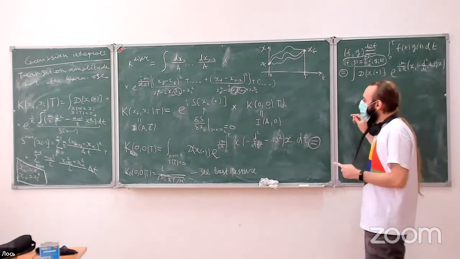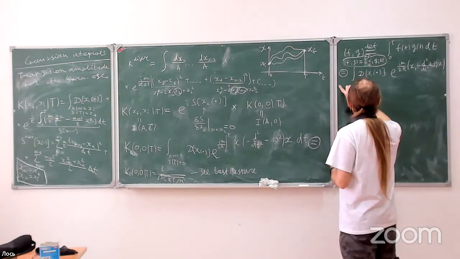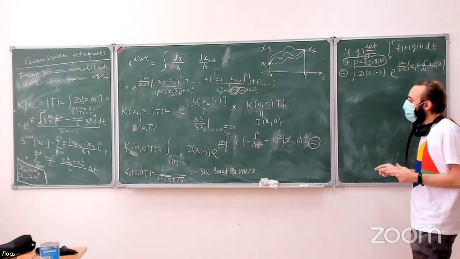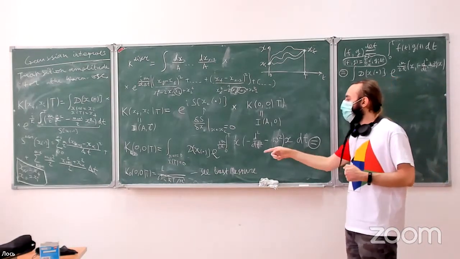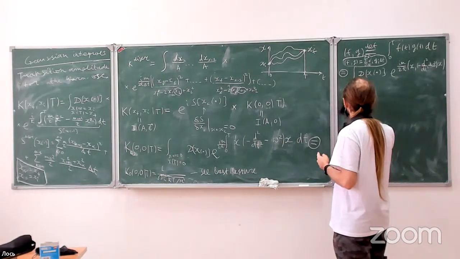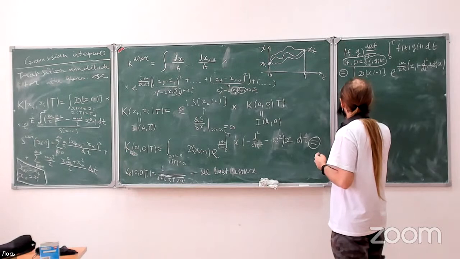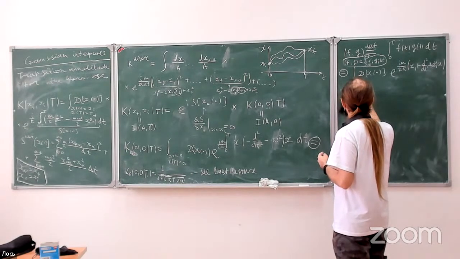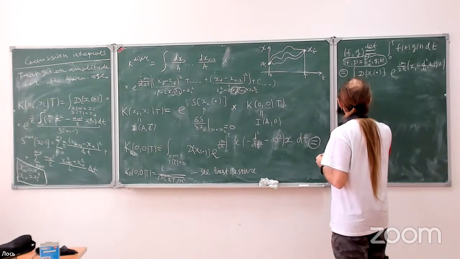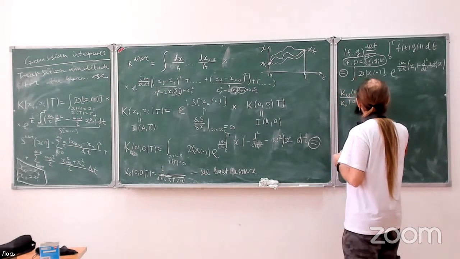Okay, so now let us compute not this determinant itself, because it's a little bit tricky. Let us use the fact that we already know it at one point, omega equals 0, and compute the ratio. Let us compute k_omega(0, 0, t) over k_0(0, 0, t).